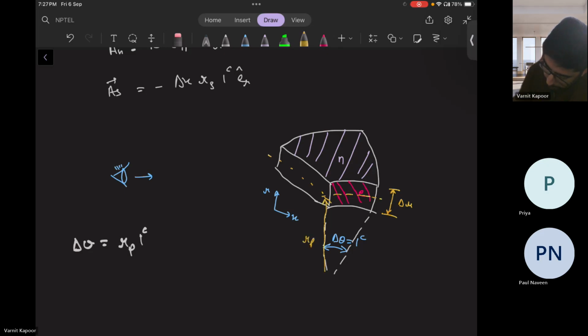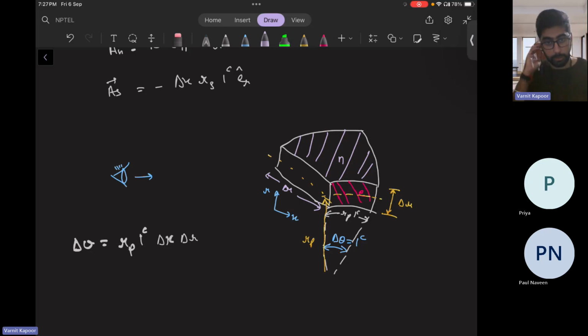The arc length R theta is RP into 1 radian, into del X, into del R. This is del X. So it is RP into 1 radian into del X into del R. This is your volume.